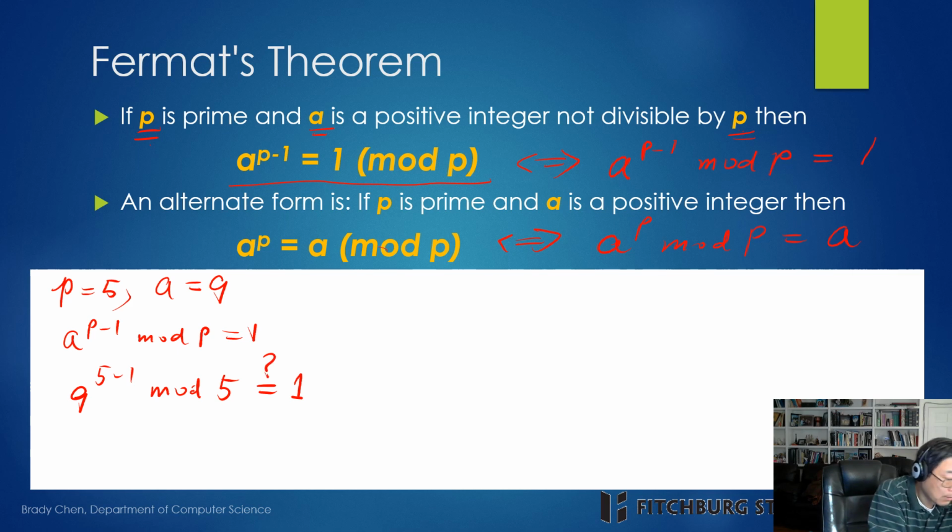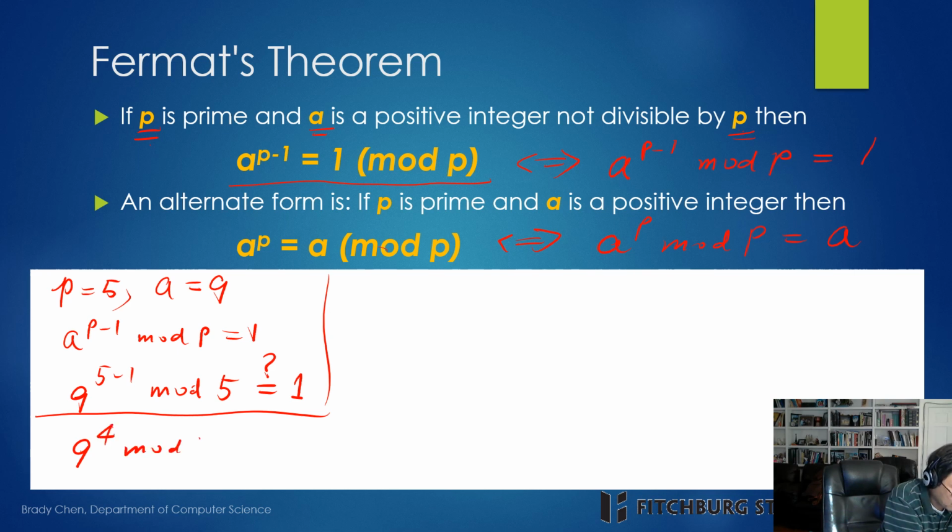Can we actually show this? Let's do this. So 9 to the 5 minus 1 is 9 to the 4 mod 5. How can I actually calculate this? We can use the property of a modular operation, right?